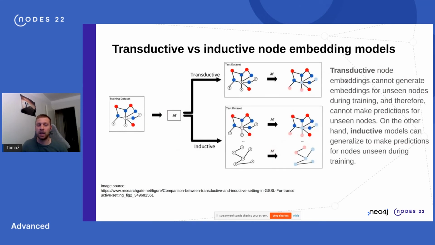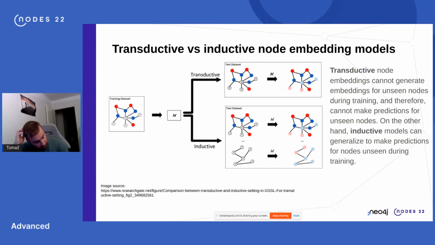Okay. And another very important distinction for node embedding models is transductive versus inductive node embedding models. So transductive node embedding models are designed for static graphs. So your training and test data set is the same graph. When you're using a transductive node embedding model, it cannot generalize to new unseen nodes, right?